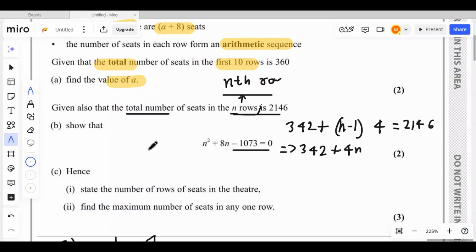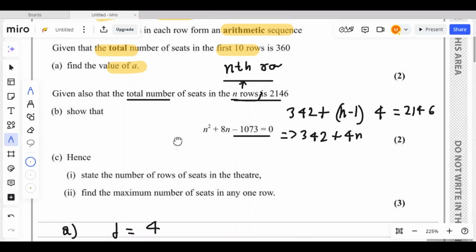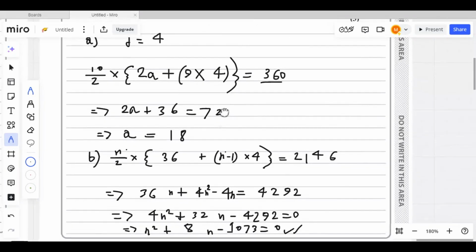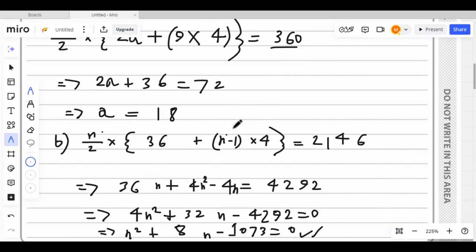Okay, fine. So for part C, state the number of rows of seats. The number of seats in the theater. Okay. Can you see it now?